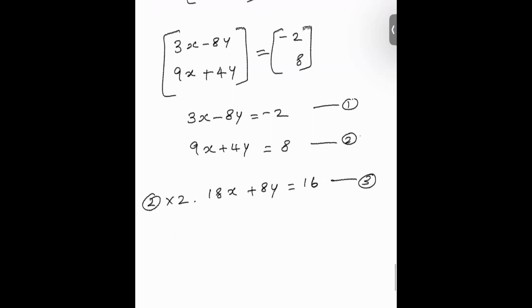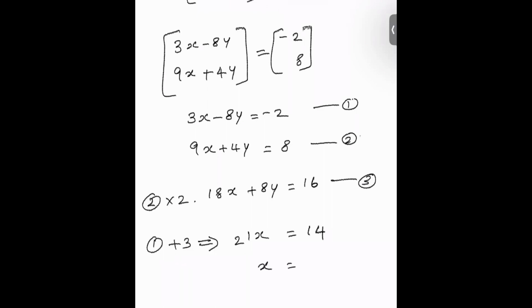Now what I'm going to do is 1 plus 3. Equation 1 plus 3 implies 3 plus 18 is 21x is equal to, 1 and 3 is what I am adding. Okay, so 18 plus 3 gives me 21x and minus 8y plus 8y becomes 0. 16 minus 2 is 14.